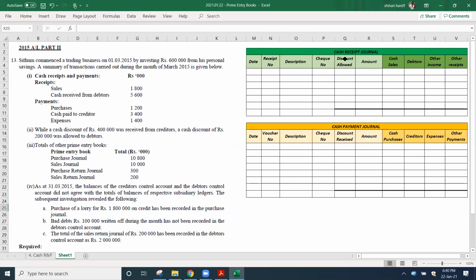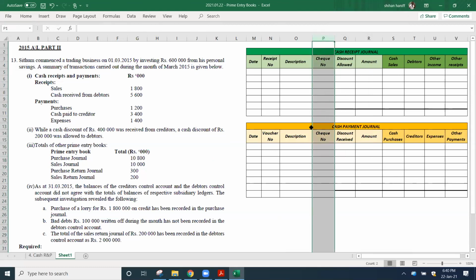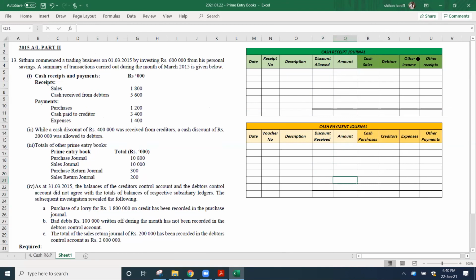So I put the format from one of the previous questions. Cash receipt journal, cash payment journal. So we are doing the question in thousands. Rupees 1,000.